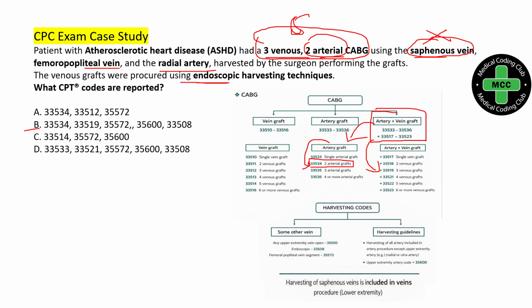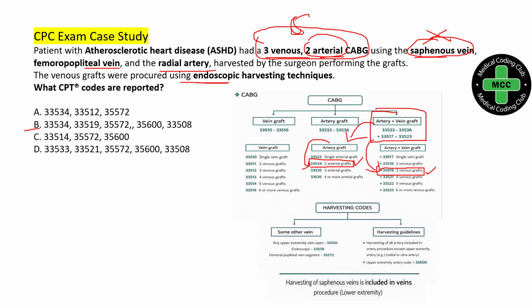Okay, so this is our first code. Then looking into your 3 vein grafts, those should be coded from the add-on code, which is 33519. Okay, so now you are done with the CABG codes. Next, you need to look into where they are harvesting from. So I already told you the saphenous vein you can ignore. Then comes the femoral popliteal vein.